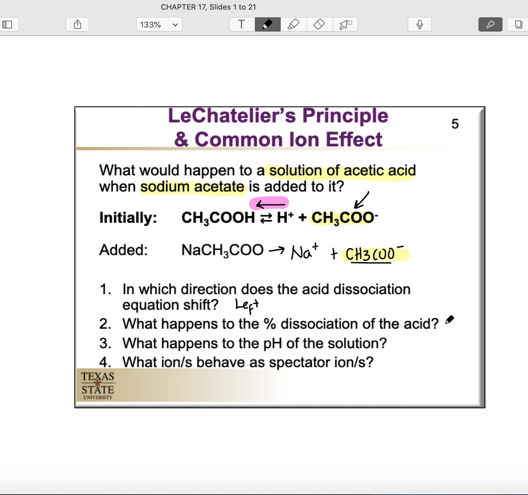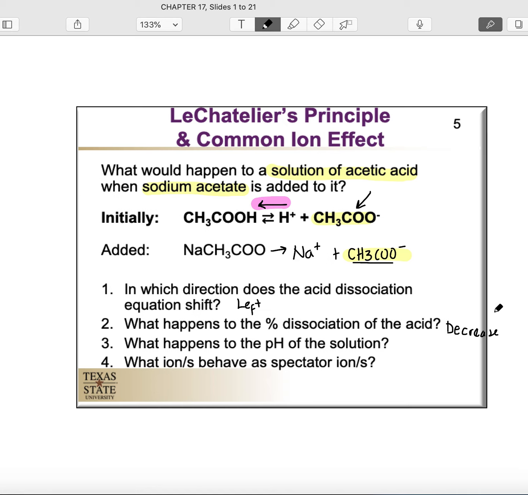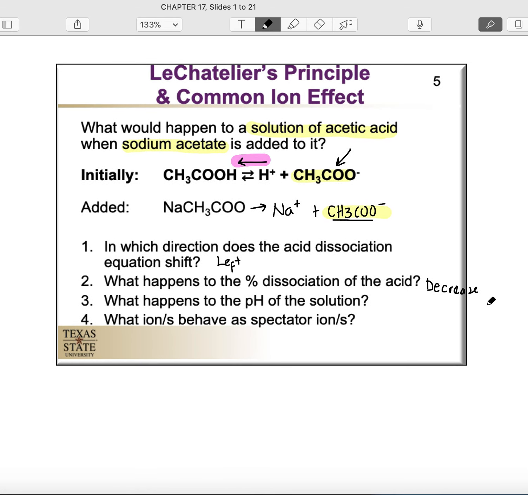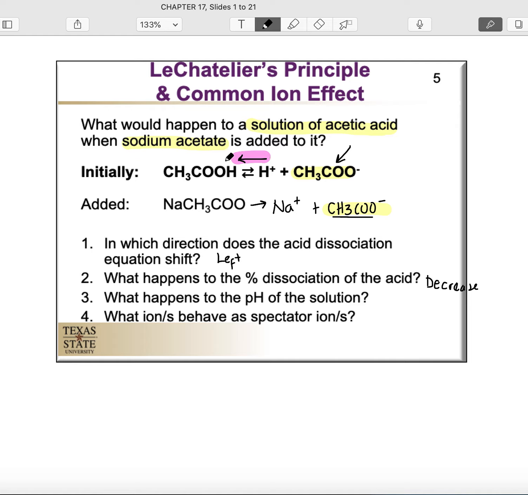Okay, so the overall effect is that the percent dissociation is going to decrease. All right, what happens to the pH of the solution? Well, we already said that we have a shift toward the left.